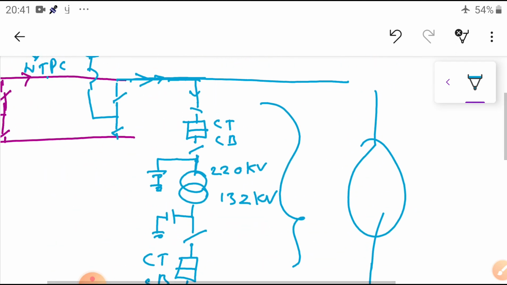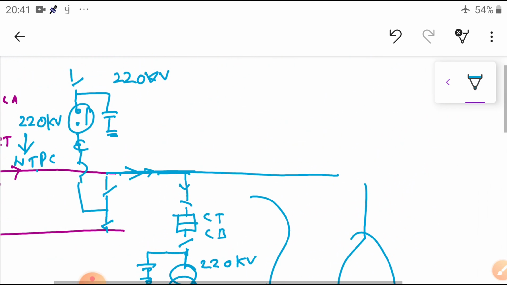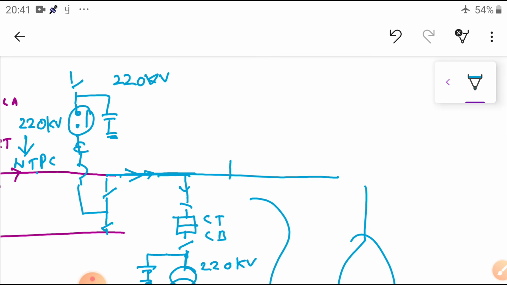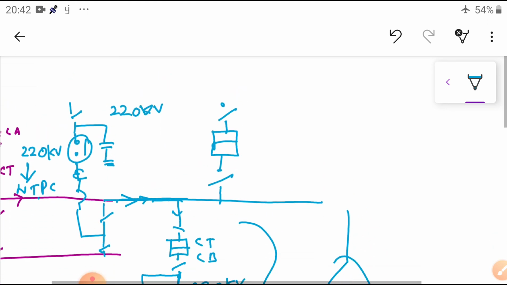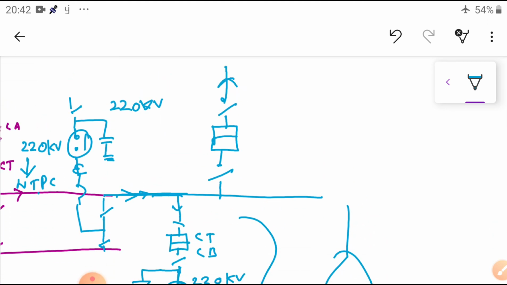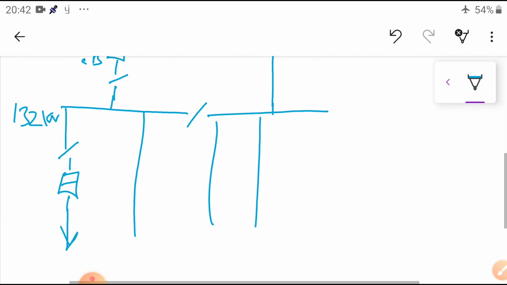Sometimes I want to use outgoing feeders, so from this I am going to connect an isolator, CT, CB and isolator, and from this I am going to connect to the outgoing 220 kV feeder. Okay, so both incoming, it is going to, for example, nearby Hyderabad, a 220 kV line is going. Here the 132 kV feeder is going to the outside.